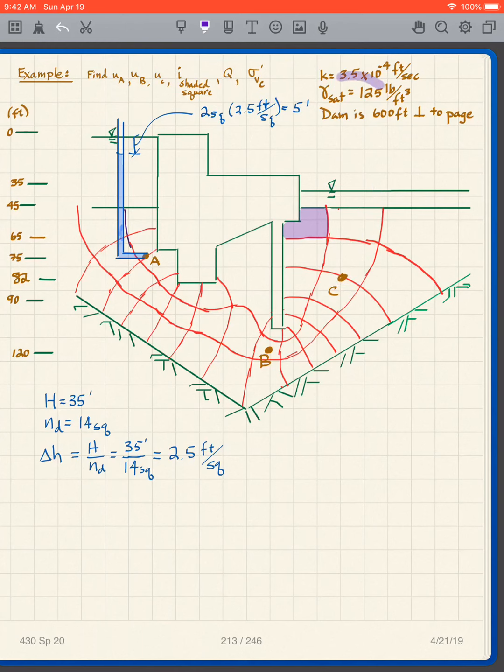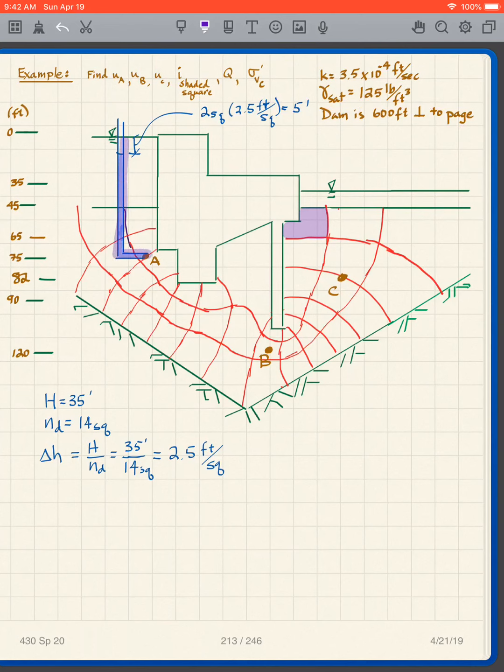Given unit weight of the soil is 125. The permeability of the soil is 3.5 times 10 to the minus 4th feet per second. I'm just saying that the dam is 600 feet perpendicular to the page.